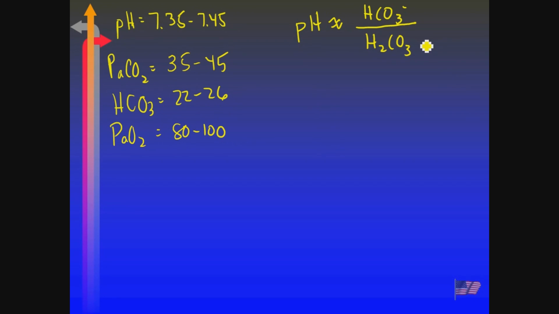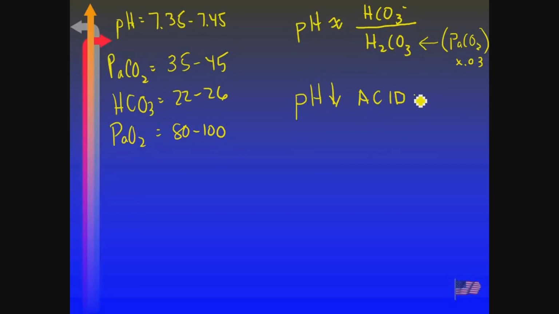Now, if you go back a little bit, we said that we can convert this PCO2 to milliequivalents per liter by multiplying it by 0.03. So the PCO2 is directly reflective of the carbonic acid. More PCO2, more carbonic acid is formed. So, pH that goes down, we're going to call an acid.